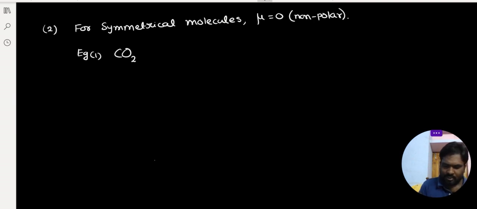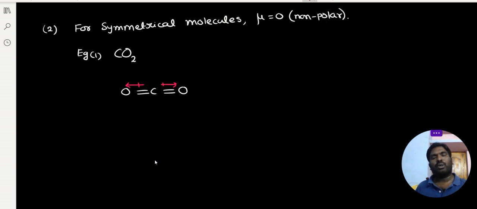Example: carbon dioxide. Here its shape is required. What is the shape of carbon dioxide? Linear shape. The C=O bond is a polar bond, with bond polarity pointing towards oxygen, because oxygen is more electronegative and carbon less electronegative.